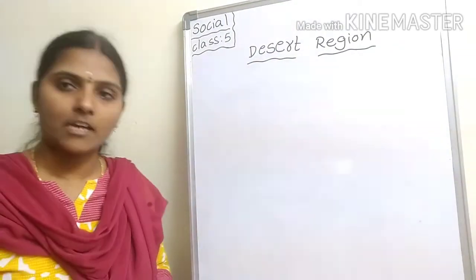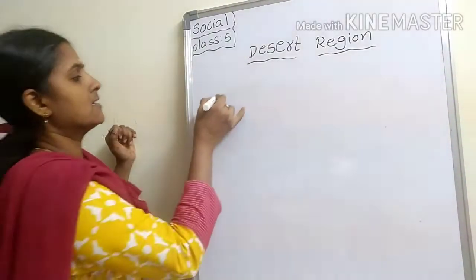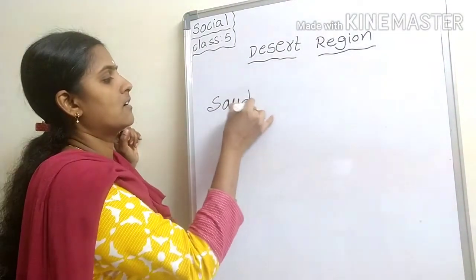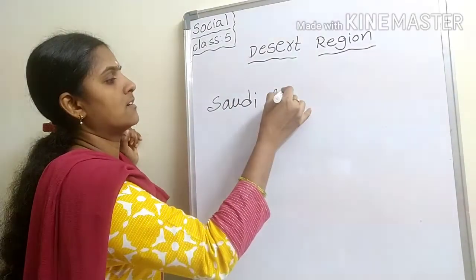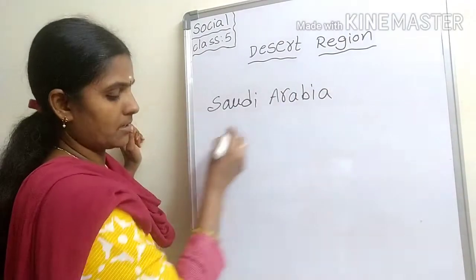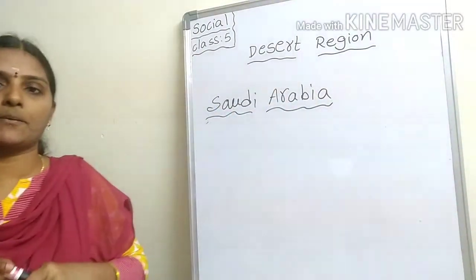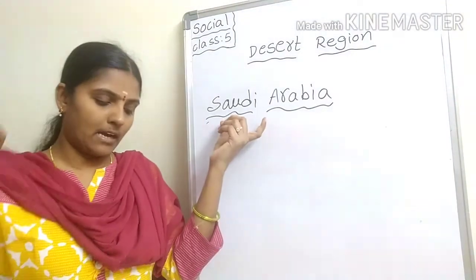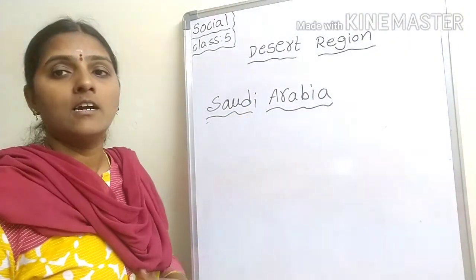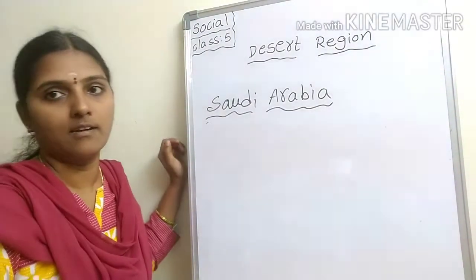Now I will explain about Saudi Arabia. Saudi Arabia is located in the hot desert region of the Arabian Peninsula.